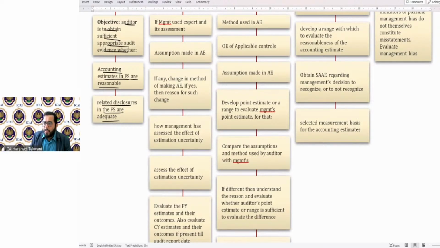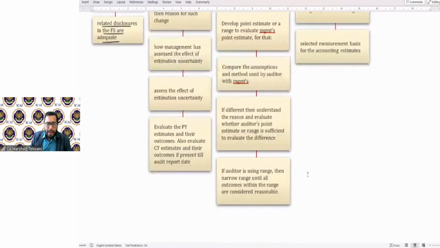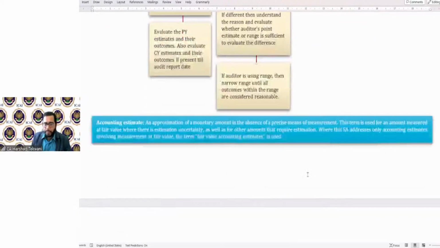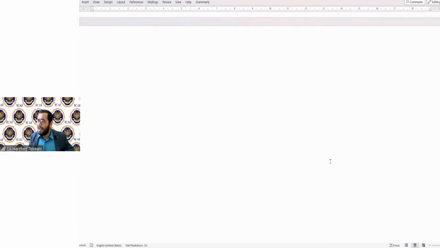Now, before we go into depth of the accounting estimate, we need to understand a few things. Number one, what is an accounting estimate? What do we mean by accounting estimate? Accounting estimate is nothing but an approximation of a particular amount.